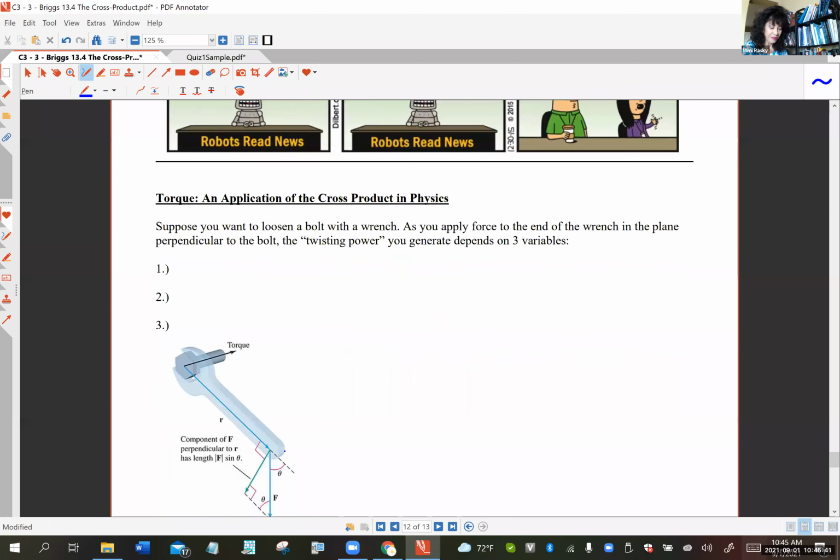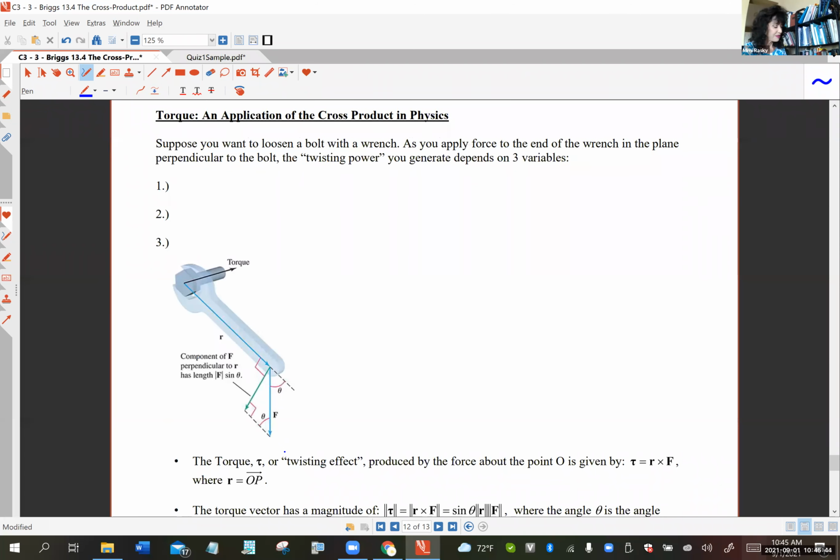Let's do torque. Physics. So torque is the application of cross product. So let's say you want to loosen a bolt with a wrench. When you apply a force to the end of your wrench in the plane perpendicular to the bolt, the twisting power you get is dependent on 3 things: the magnitude or length of your wrench, and we're calling the vector that goes with your wrench here R. So you want the magnitude of that.